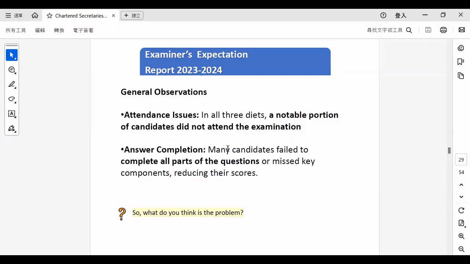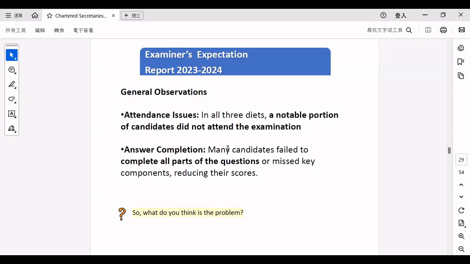I think I told you earlier, in one question, they may ask you something from section A, some material from section C, and some materials from section F. So probably because the students are not well prepared, they are just spotting the questions, spotting the topics, that leaves them some parts which they're not familiar with and they don't answer, and therefore that would cost them a lot of marks.